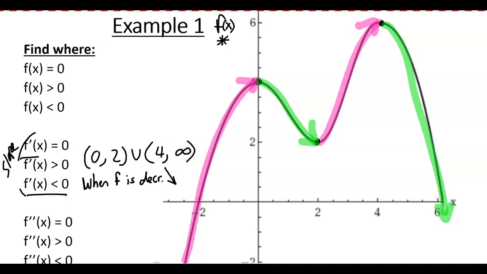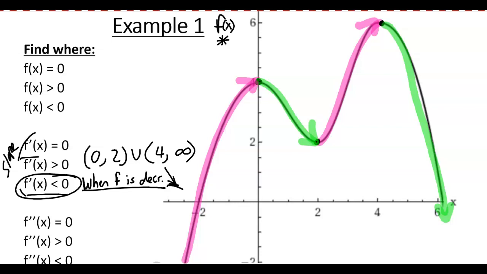So those are the intervals where f is decreasing, and since f is decreasing, that means that its slope is negative. And if its slope is negative, that means its derivative is negative because the derivative is the slope. Okay? So that's how we can classify or find those things.